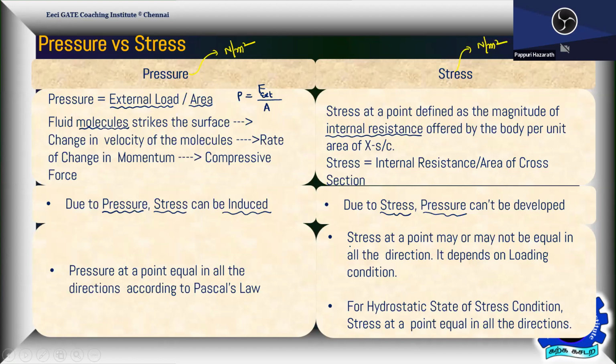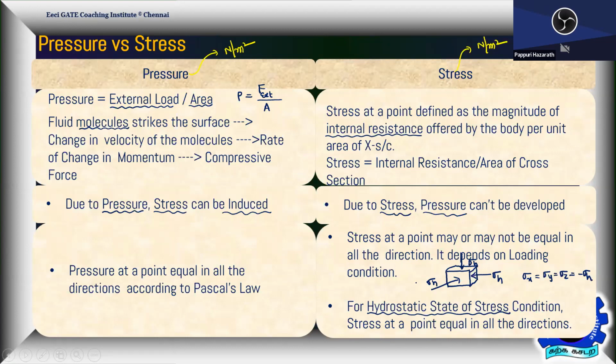Sometimes, under the hydrostatic state of stress condition, stress at a point is equal in all the directions. Here sigma x equal to sigma y equal to sigma z equal to minus sigma h.